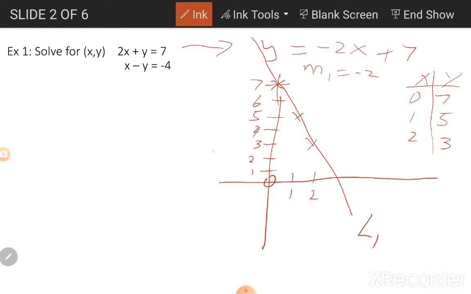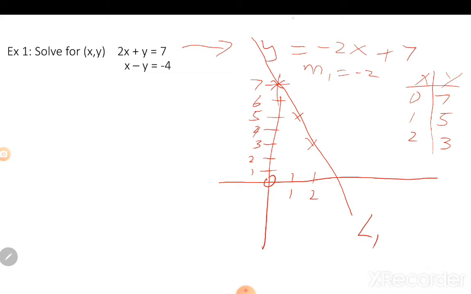Okay, so let's try a different color. So here, solving for y, I will have x minus y equal to minus 4. Moving the x over, I get minus y equals minus x minus 4.